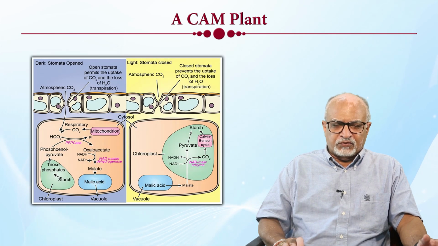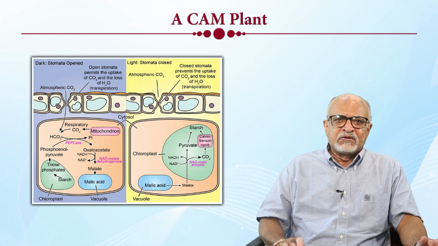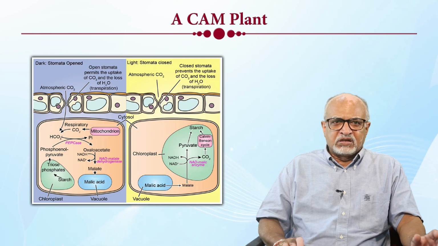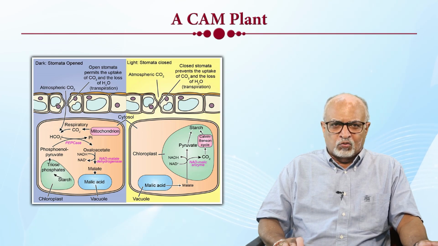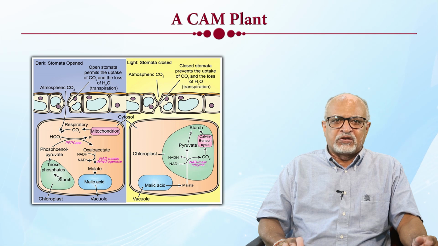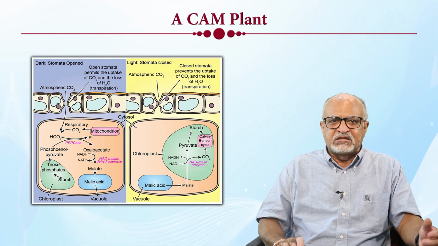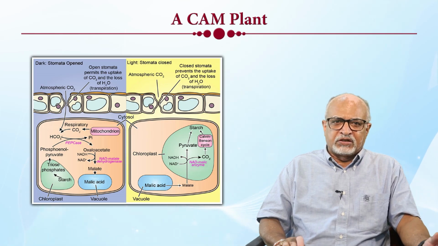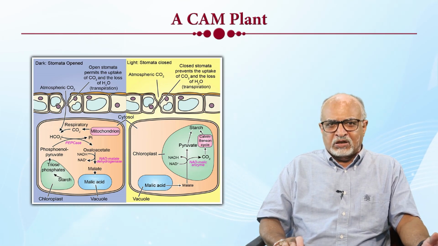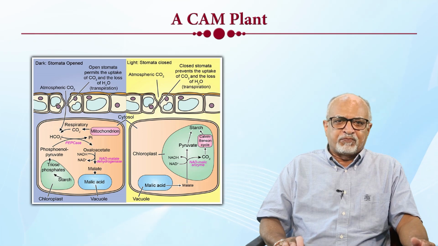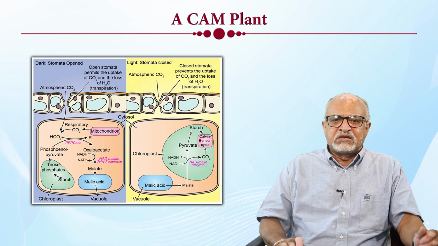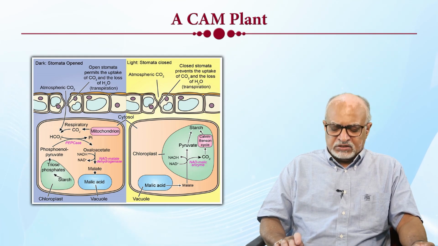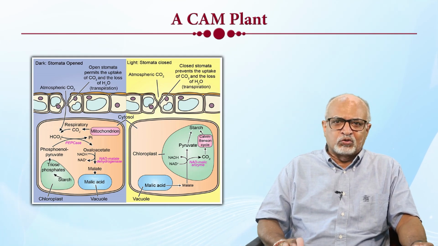On your left on the screens, you will find that when in dark the stomata are open, atmospheric CO2 finds its way inside, respiratory CO2 is not lost, immediately it is converted into HCO3 by carbonic anhydrase, and PEP combines, giving rise to OAA and malic acid. The malic acid goes and gets stored in the vacuoles.